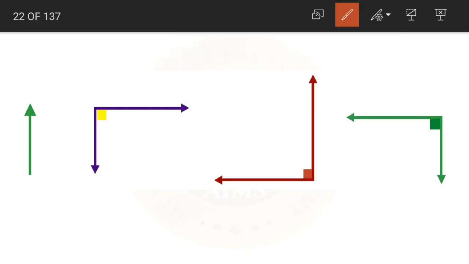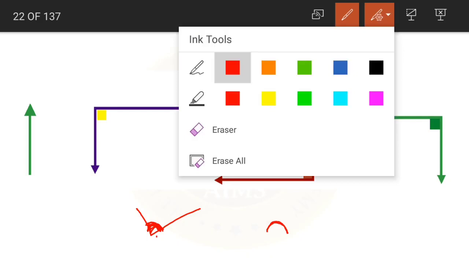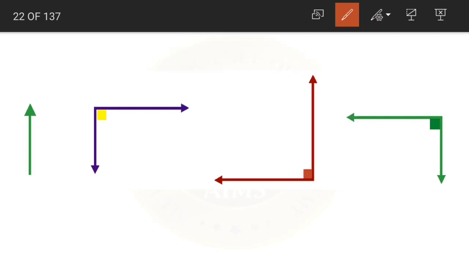And if you observe, for the remaining angles, suppose we have an angle like this, for these angles we put a semicircle kind of thing as the angle symbol. But when we are finding out right angles, we are making an L shape here. Suppose this was any other angle, then we make a semicircle like this.